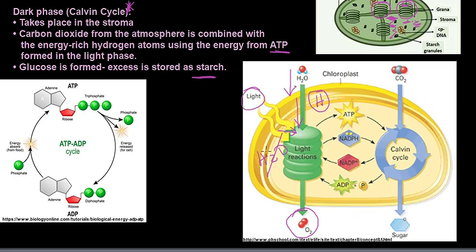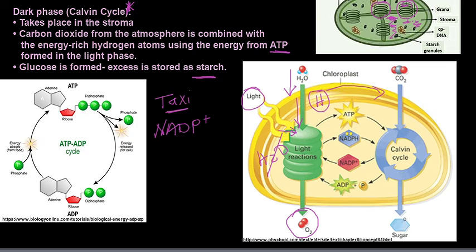Now we need a way for this energy-rich hydrogen atom to go over to the dark phase, into the stroma. It needs to be carried over there because it cannot do it itself, and that is where the enzymes come in. There's an enzyme known as NADP, and NADP functions as a taxi.